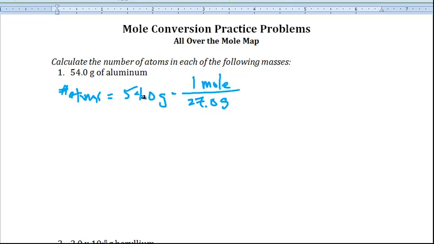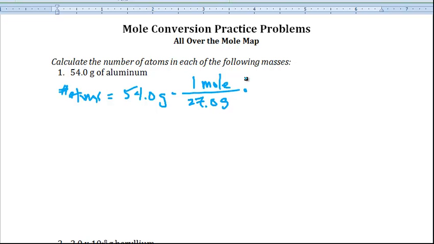When we divide 54 grams, the amount that we're given, by the molar mass of aluminum, we're left with that amount in moles. You can see that 54 divided by 27 is equal to 2 exactly. So we have 2 moles of aluminum.